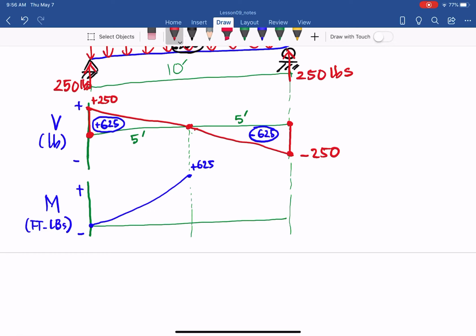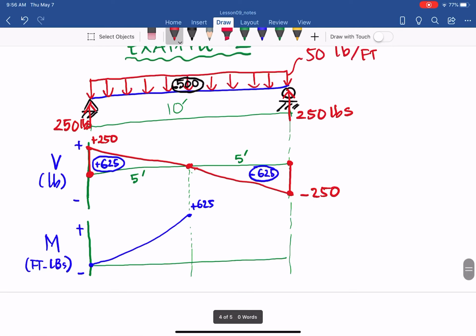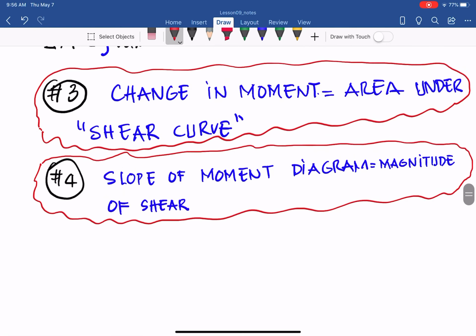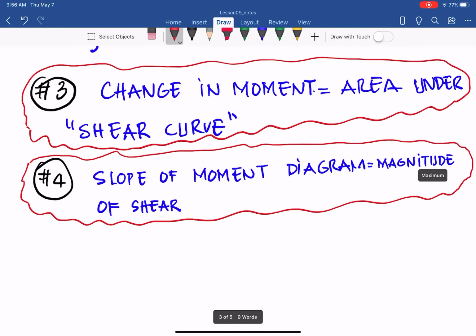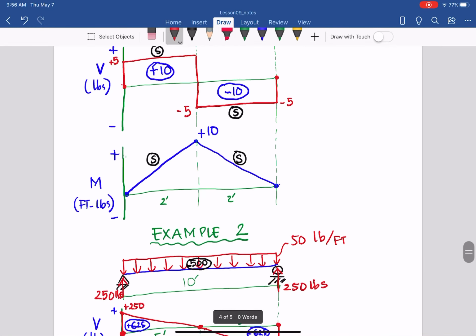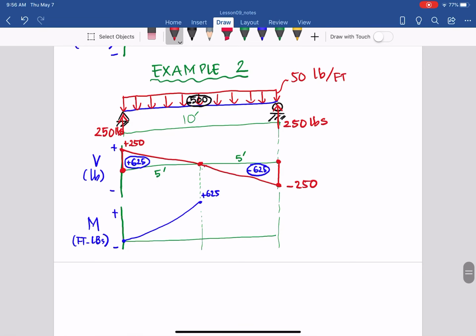At that point the shear equals 0. And the shear at that point equals 0. If you recall, the slope of the moment diagram equals the magnitude of the shear. So the slope at that point in the middle for the moment has to be zero.